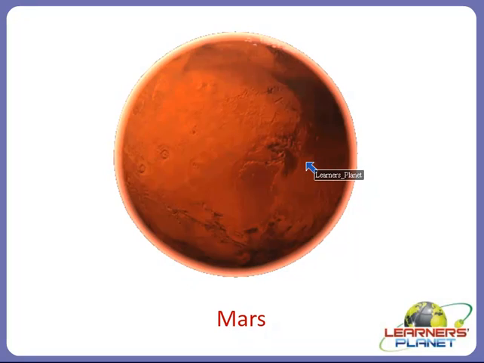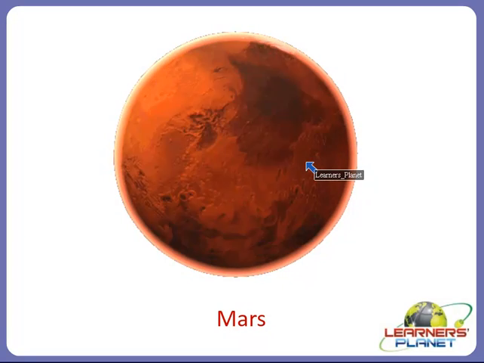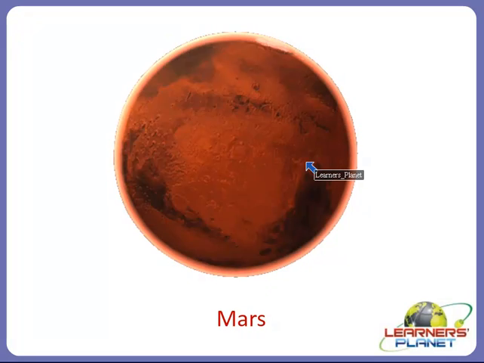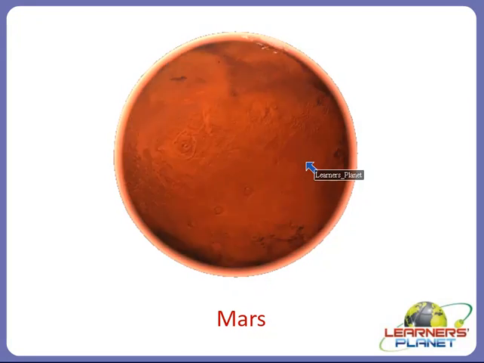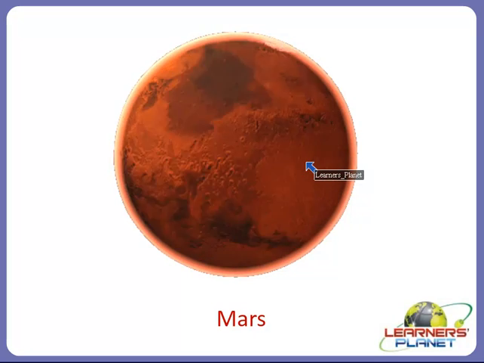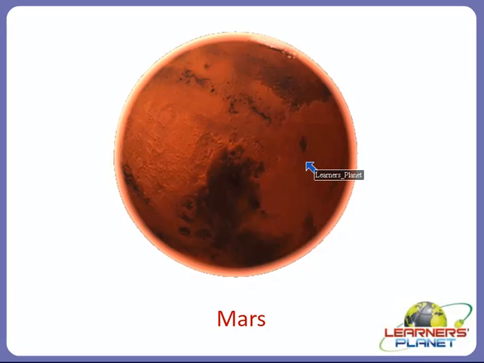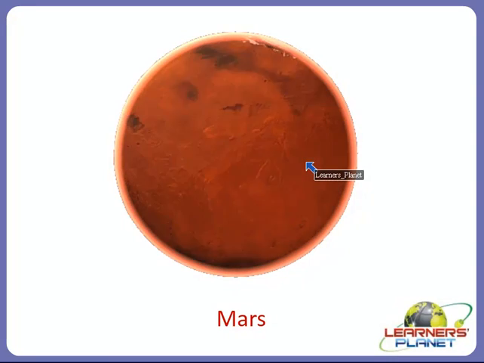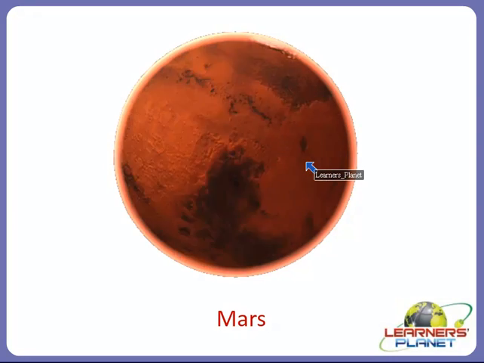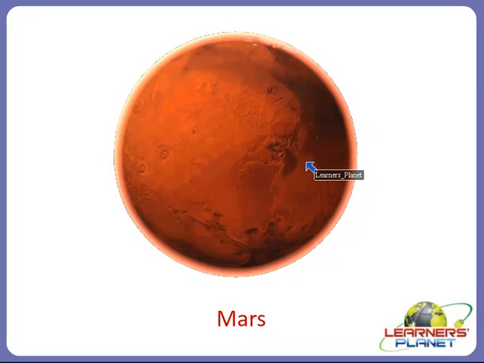Scientists have studied and found out that at its closest, the distance between Mars and the Sun is 128 million miles, and at its farthest, the distance is 154 million miles.